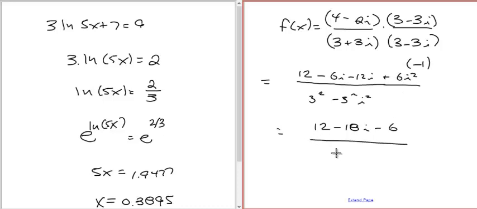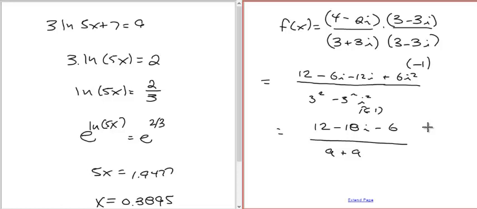The same thing applies in the denominator. Here we have 3 squared, which is 9, and then we have 3 squared, which is 9, times negative i squared, but i squared is negative 1, so this part becomes negative 1 times negative, so we get a plus 9. And that's going to happen because I have 3 plus 3i and 3 minus 3i.